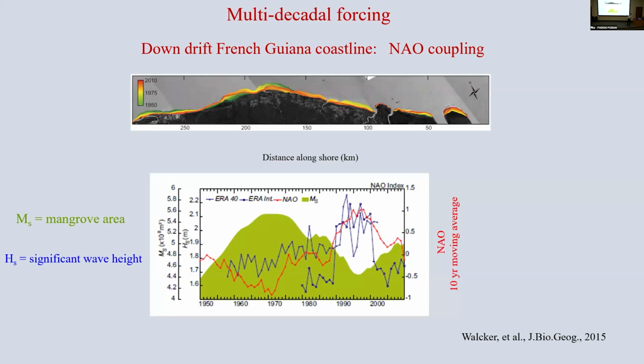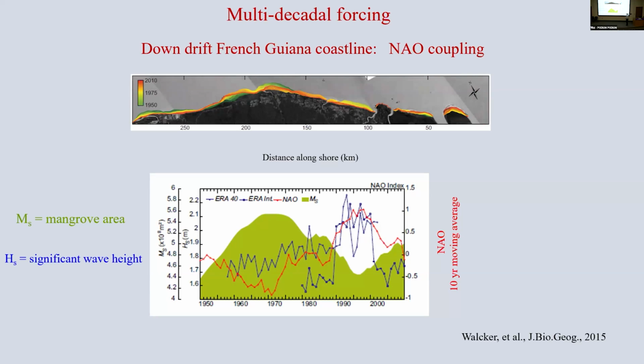So the deltaic inputs don't just stay proximal to the Amazon River. They move down the coast and they make for a dynamic coastline. My point here is that this is the total area of mangrove fringe along the French Guiana coastline as a function of time, 1950, 2000, and present, versus the NAO, the North Atlantic oscillation, okay?